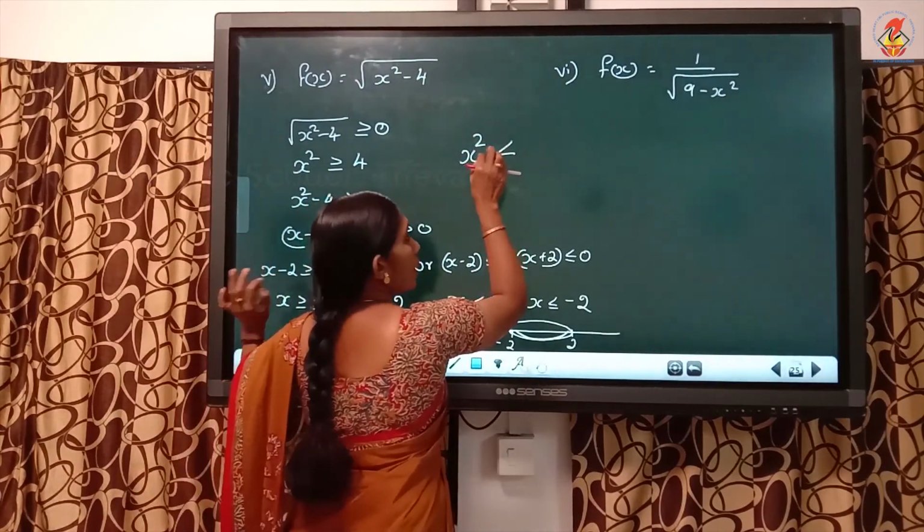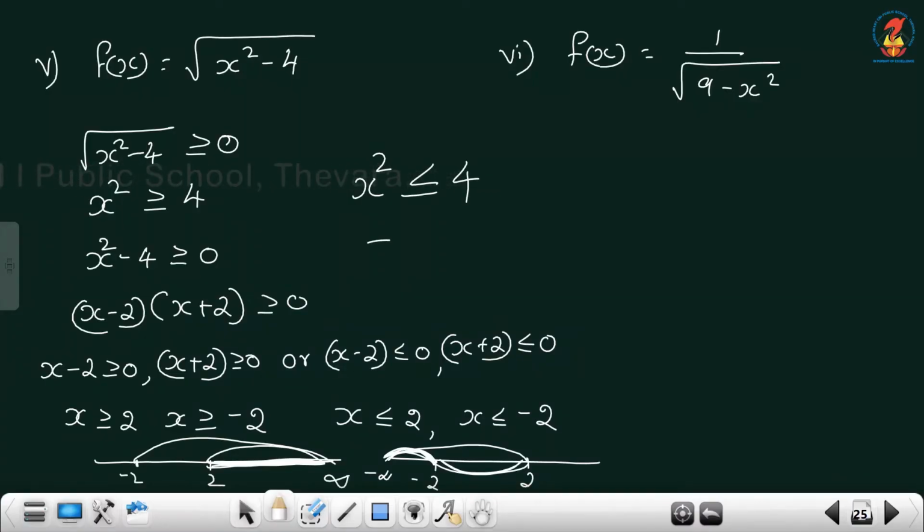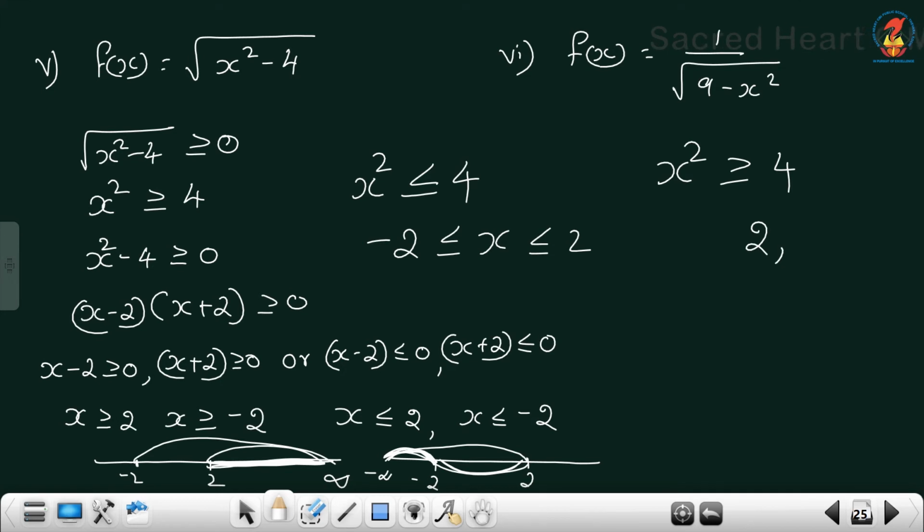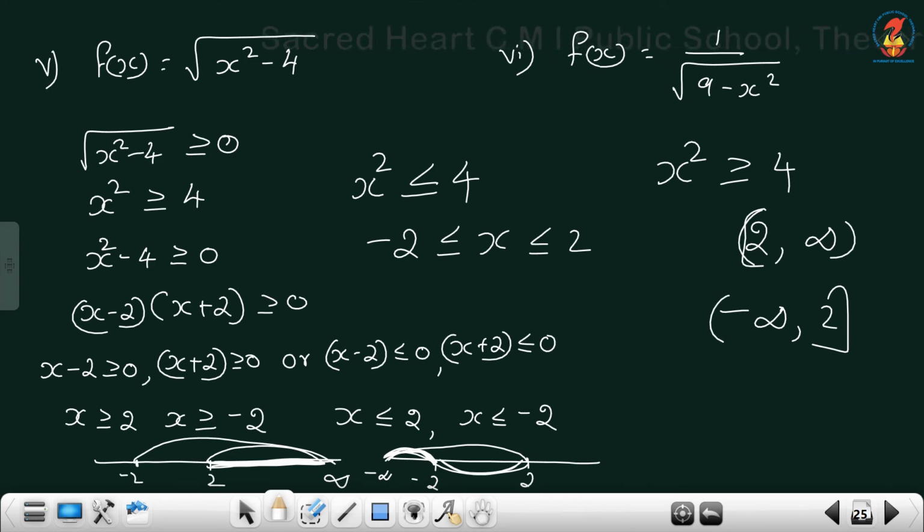If it is x square less than or equal to 4, you can write minus 2 to 2. Here it is x square greater than or equal to, so you have to write x as the square root of 4, which is 2: 2 to infinity and minus infinity to 2. Both these intervals satisfy, so you have to write a union.